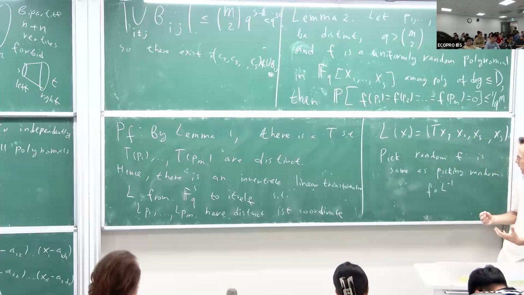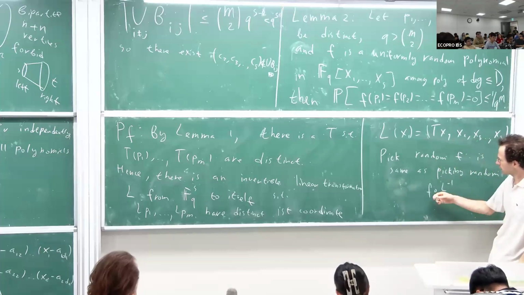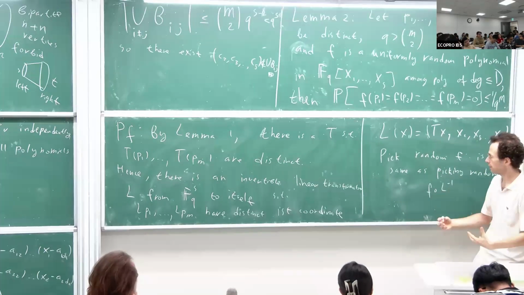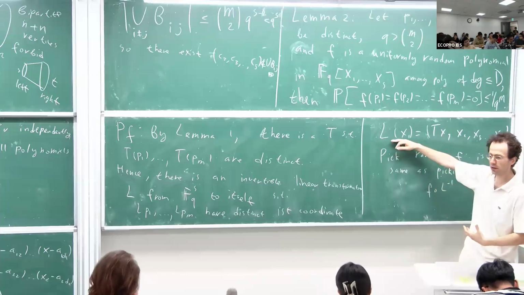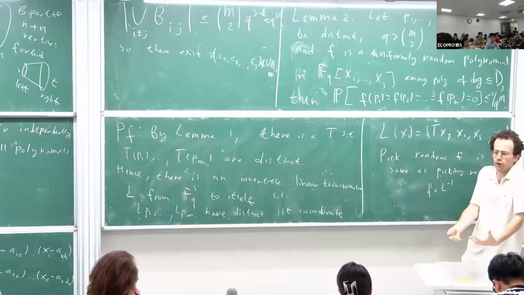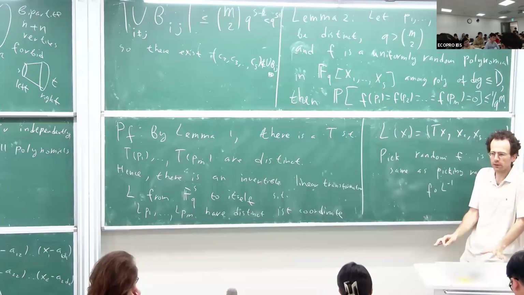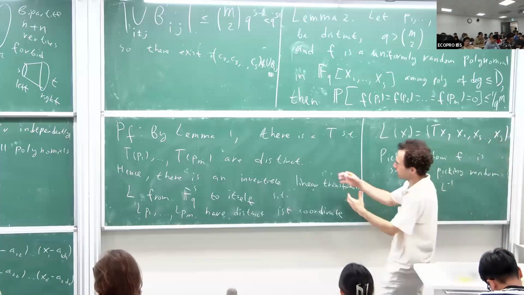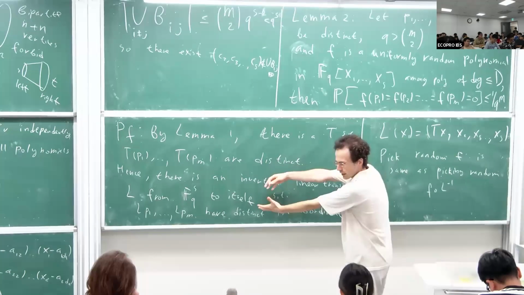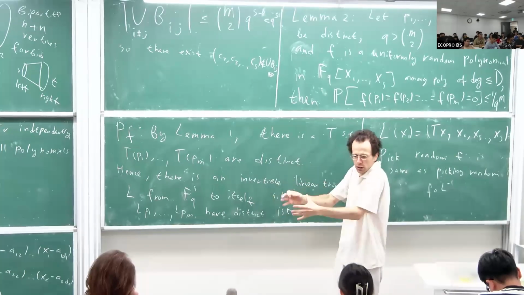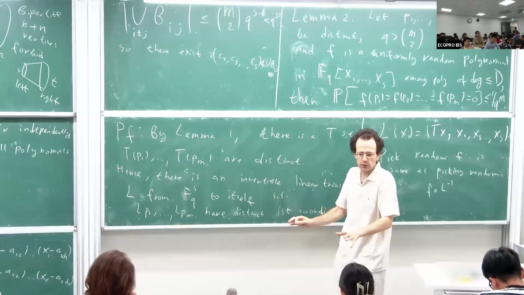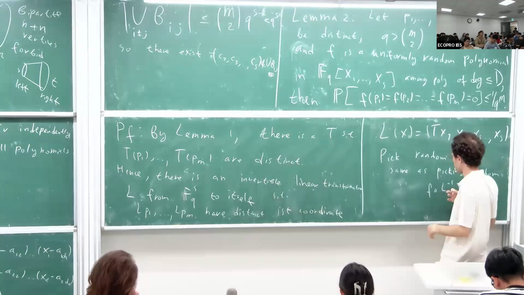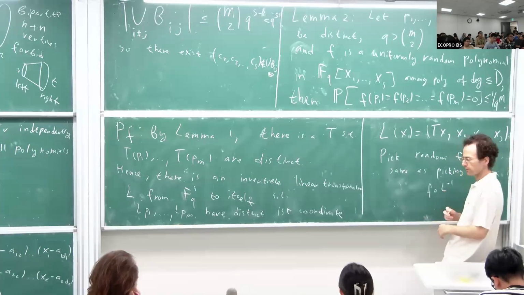So in other words, if I pick a random polynomial and then apply a fixed invertible change of coordinates, it's still a uniformly random polynomial. So I can actually just take my points, apply this linear transformation, and work with those transformed points, because I can just think of applying the polynomial which undoes this linear transformation.